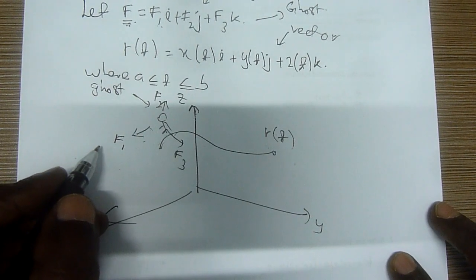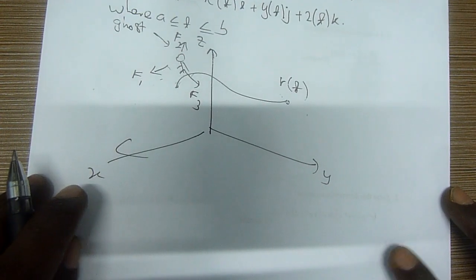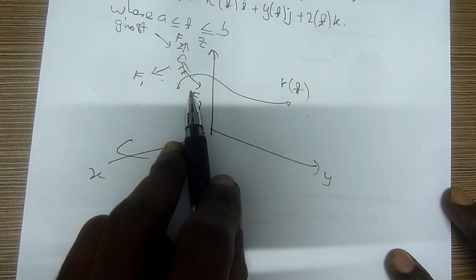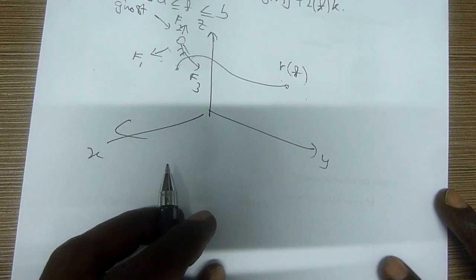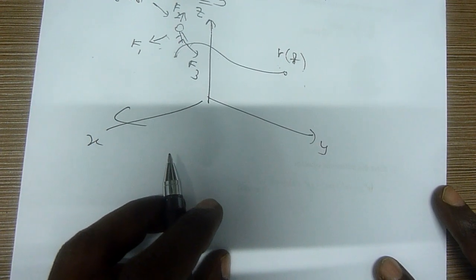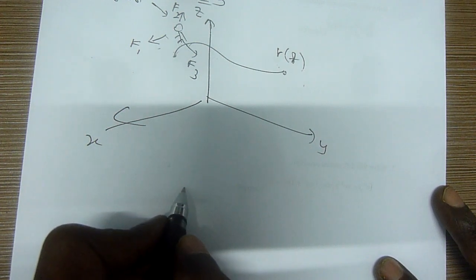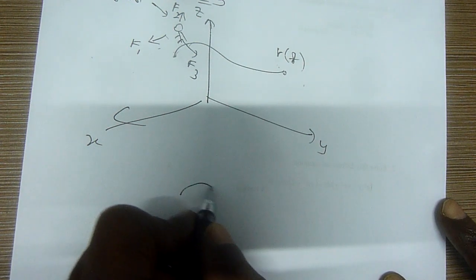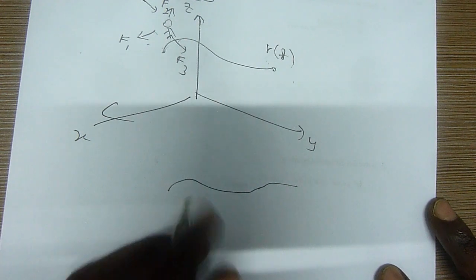Because the movement of the charges can be calculated based on this. How do we calculate this? Let me give you a simple intro. Imagine you are moving on the line.